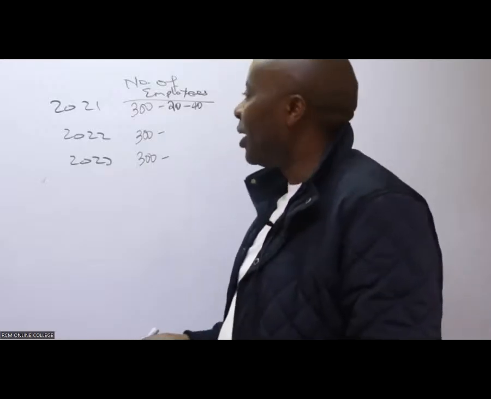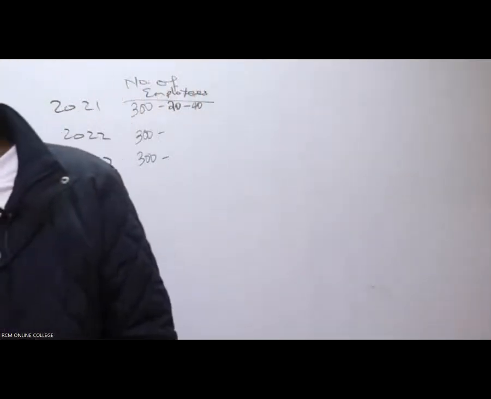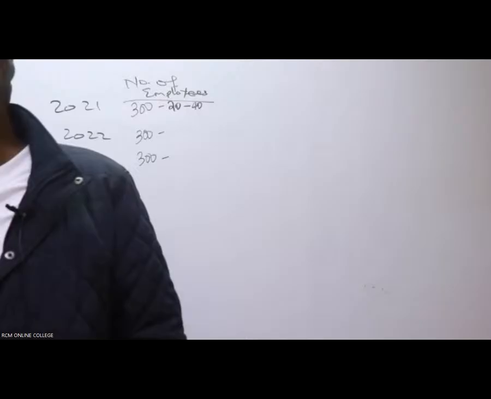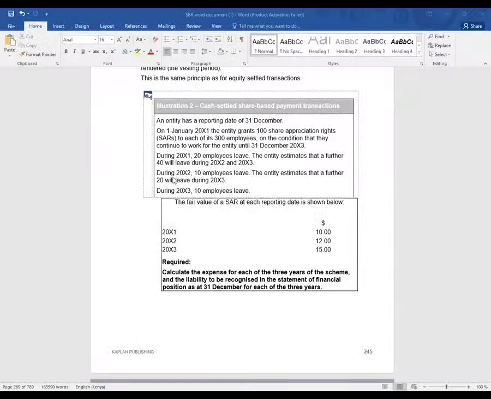Quite confusing. So we go to 2022. In 2022, we are beginning with 300, remember. But you're told that during 2022, 10 employees are leaving, and then the entity estimates that a further 20 will leave in 2023.